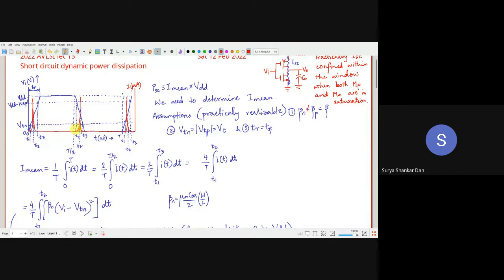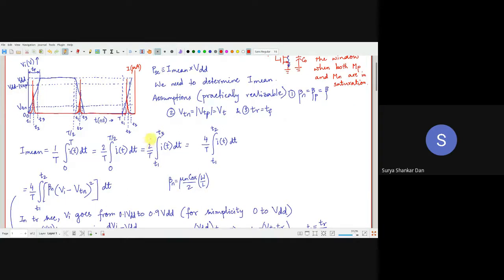You have to do the calculations for this separately and then add up to give you the total mean current in every time period. Got it? Very nice. All right. So this approximation, this 2 comes only if these are valid.